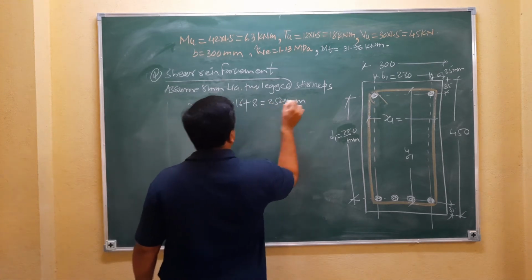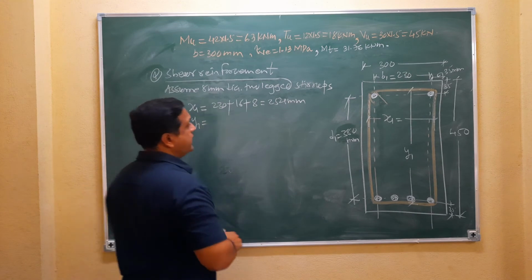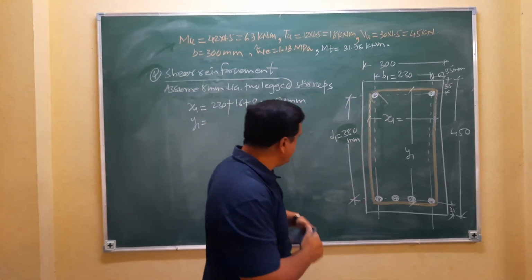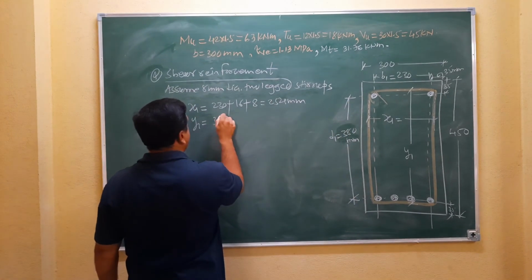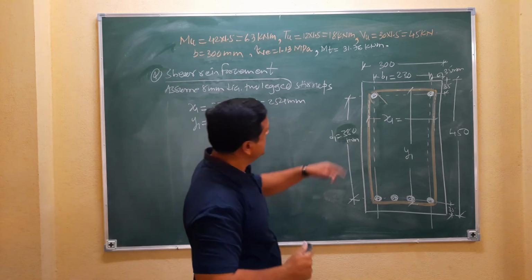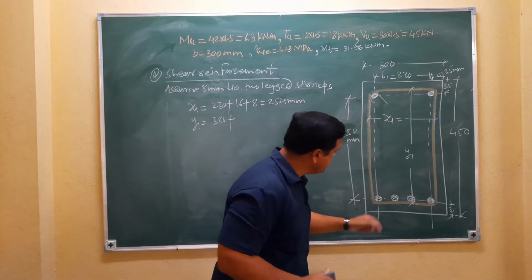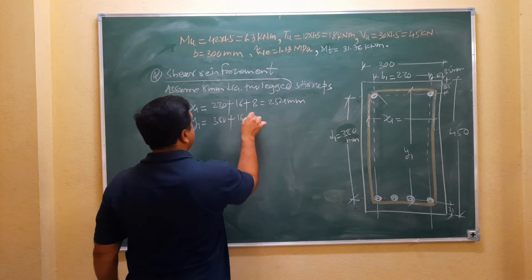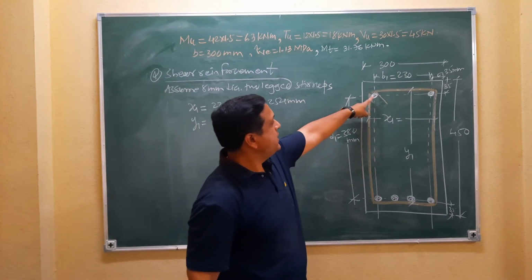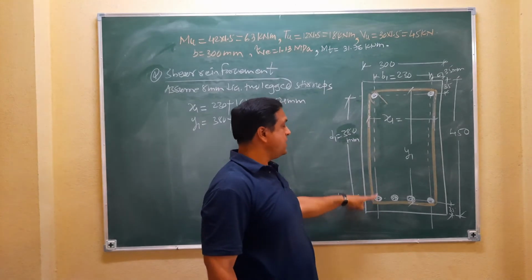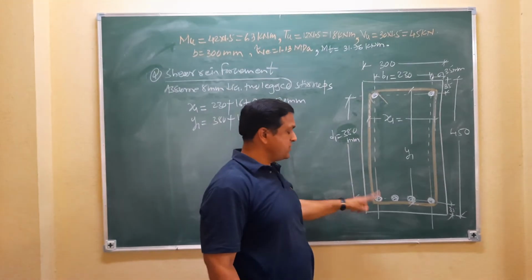Now what is the y1? Y1 is 380 plus half of this diameter, which is 16, because this is 16 mm diameter, half of the 16 is 8, and half of the stirrup 16 is 8.